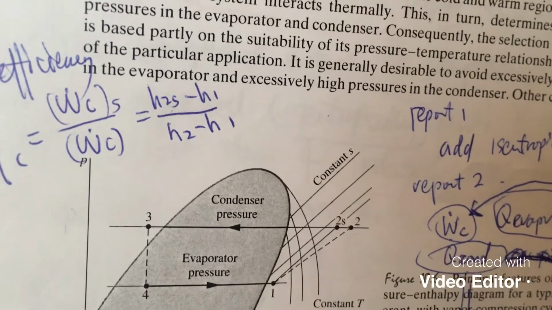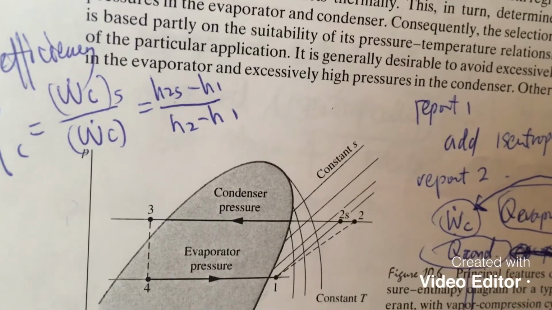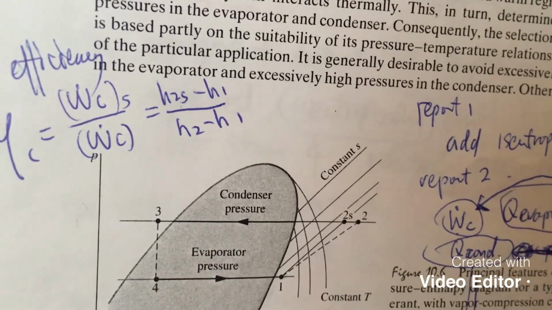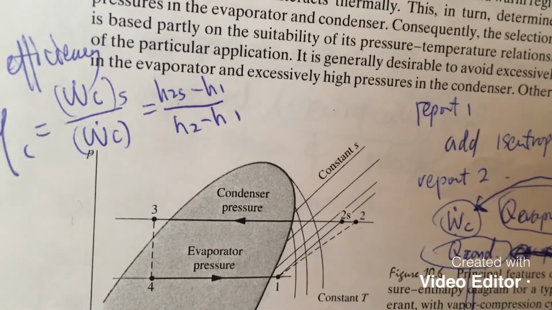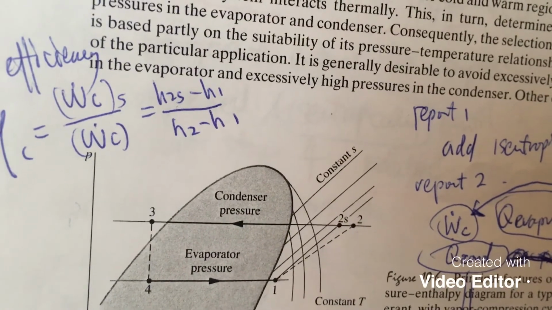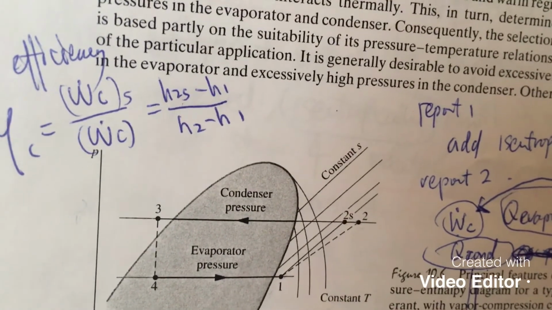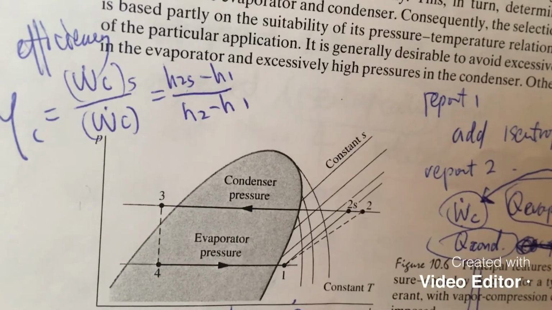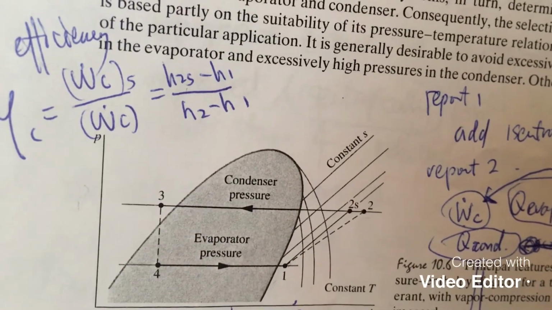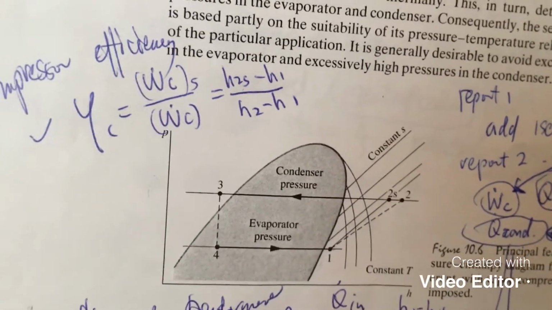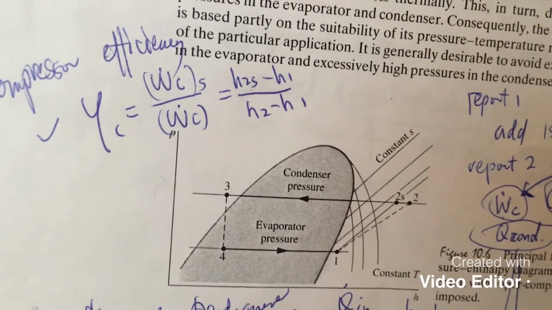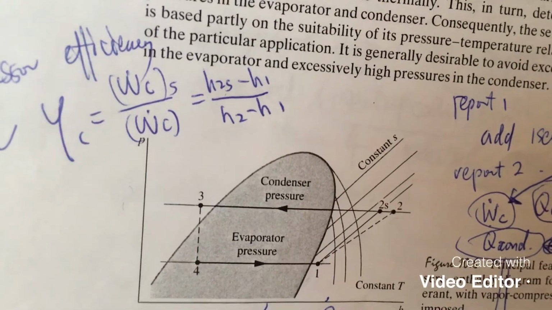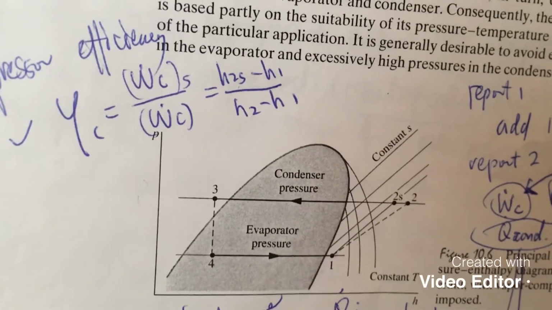So use the H2S minus H1 as the ideal isentropic work of the compressor divided by the actual work of the compressor, which is H2 minus H1. Then this is the compressor efficiency.